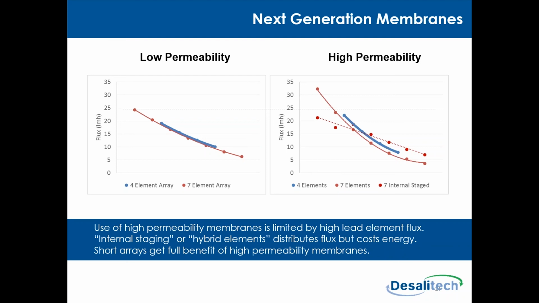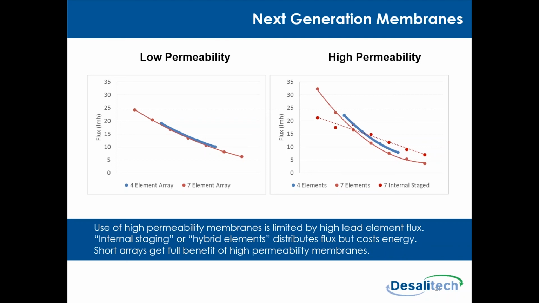So David illustrated what he called hybrid elements and what's also known as internal staging. That involves putting in high rejection elements in the first few positions in the array. It pushes the flux back into the vessel. I illustrated on the right-hand figure here with the dotted line where you see suppressed flux on the lead elements and then higher flux in the tail elements.